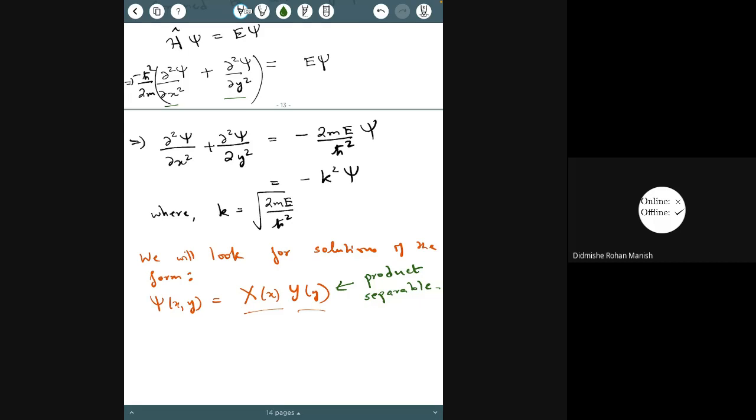Okay, so let's see. Now we have H psi(x,y) equal to del squared by del x squared of X Y plus del squared by del y squared of X Y. Well, I shouldn't write H psi like that, because there is a factor.